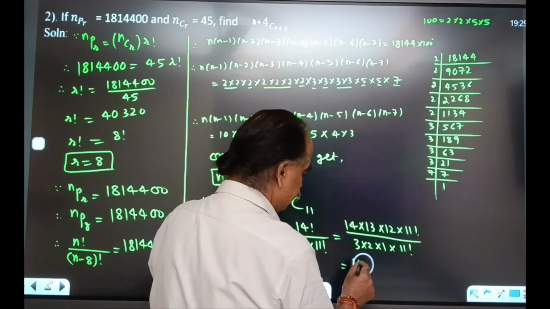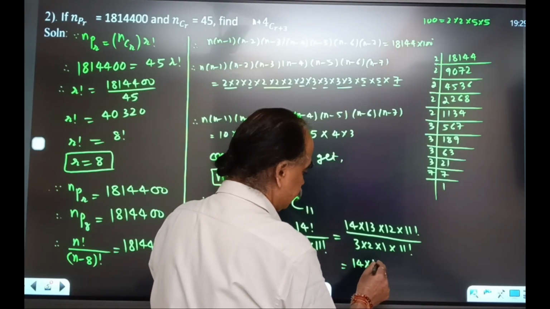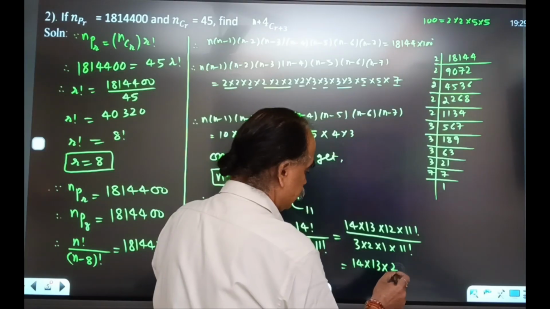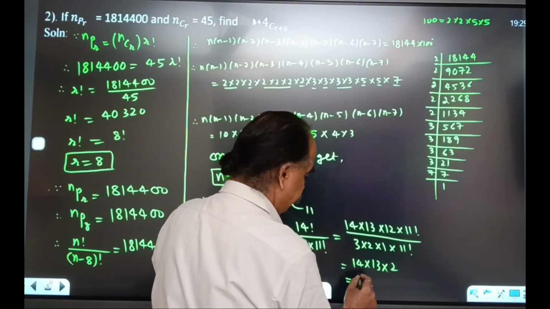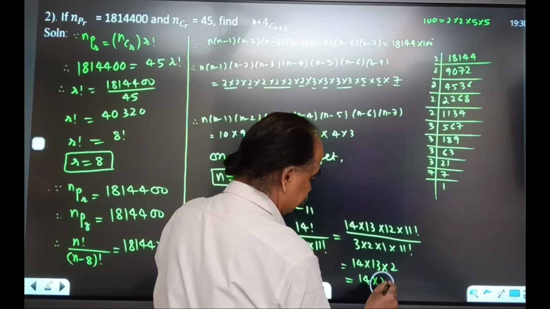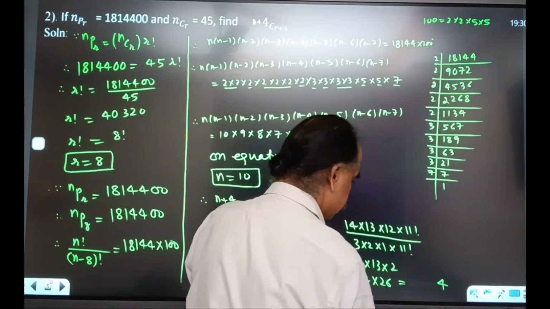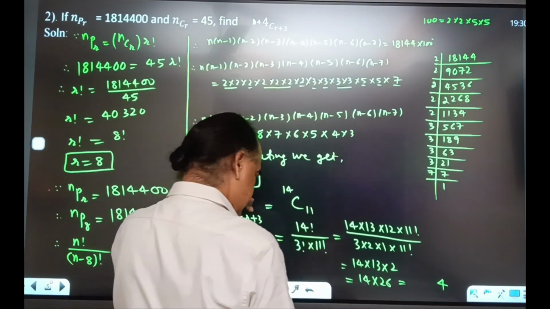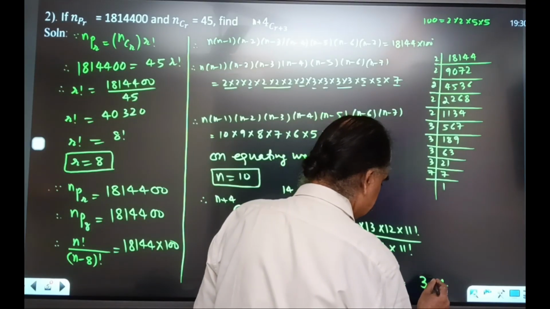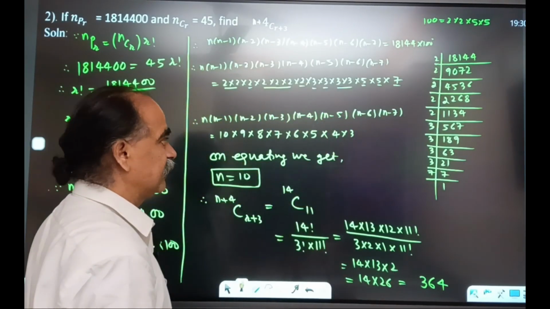So 14 into 13 into 2. 14 into 26 will give you 364 is the answer.